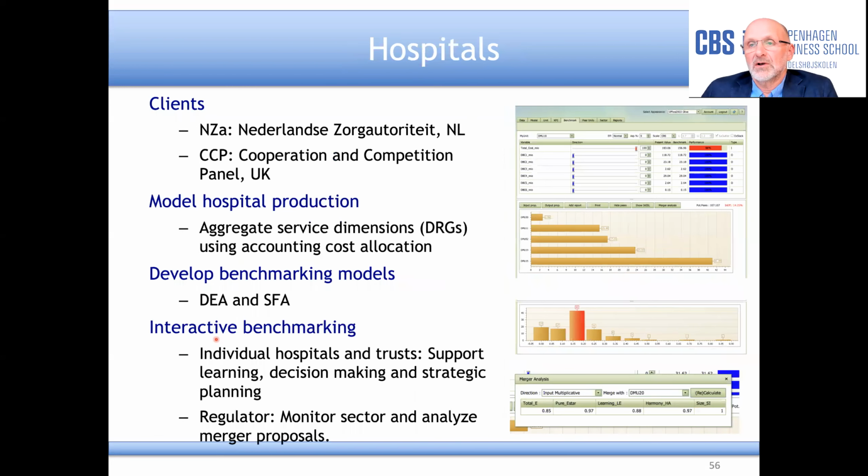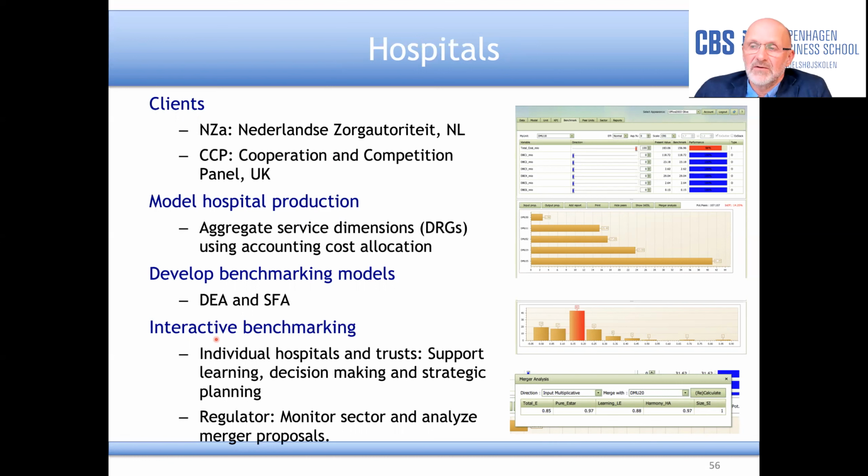We've done work on hospitals in the Netherlands and a little bit in the UK. The idea of hospitals is normally that you have a lot of DRGs, diagnosis related groupings, on the output side, and we then group them in maybe 6 or 8 groups, those services being provided, and then we have some cost or some human resources being spent on the input side, and then we do DEA and stochastic frontier analysis.